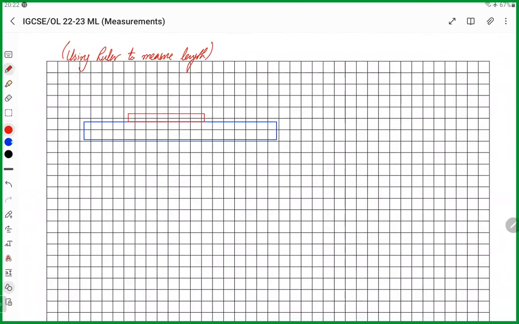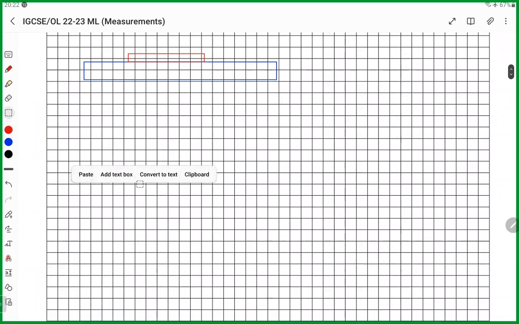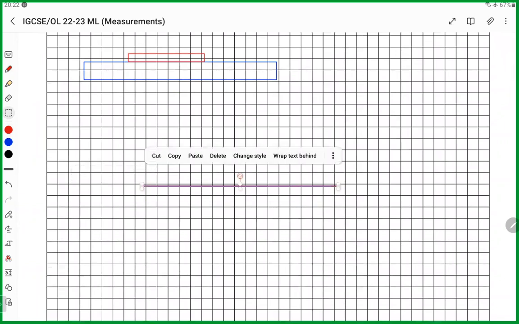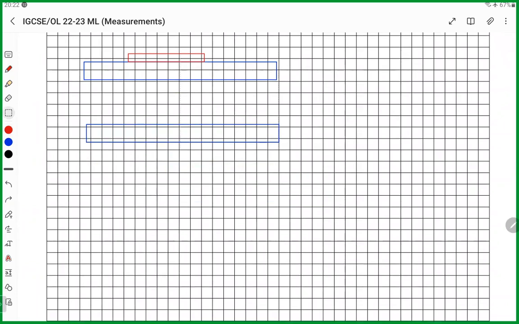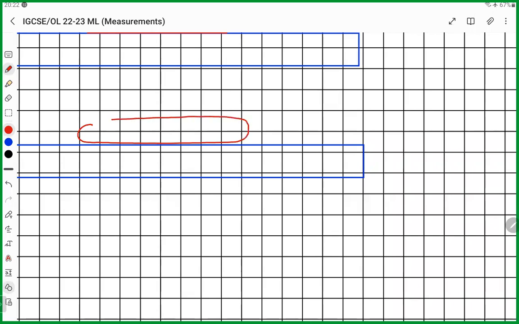Now, one more example. This is a ruler, and the thing that we are measuring is something like this.